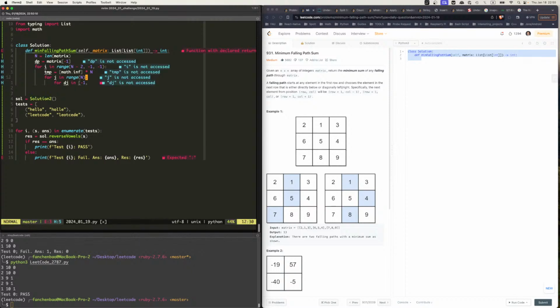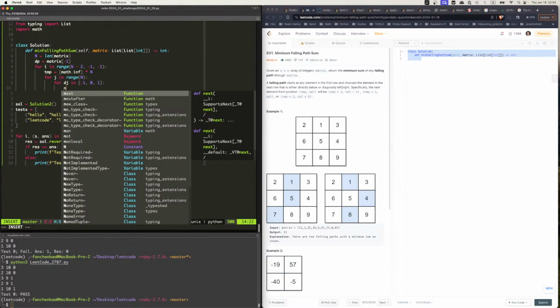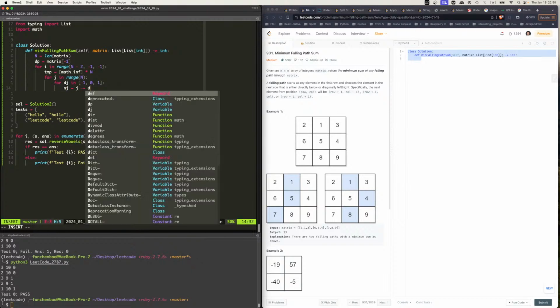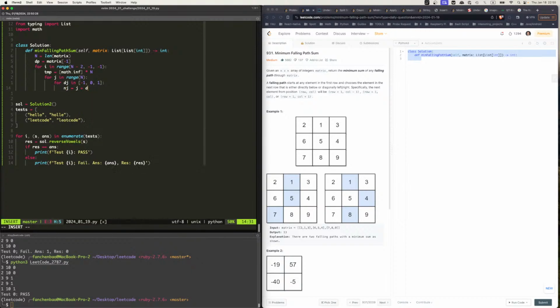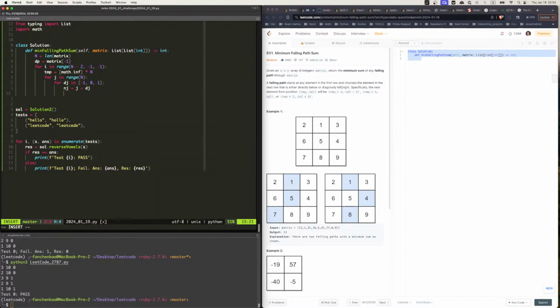Oh, you know what? I don't like it. I think this one will be better to j. No, this is i. My bad. This is i. This is j. For dj, so we'll go -1, 0 or 1, right? And nj shall equal to j plus dj, right? If nj is, nah, I feel like this is, that's okay.